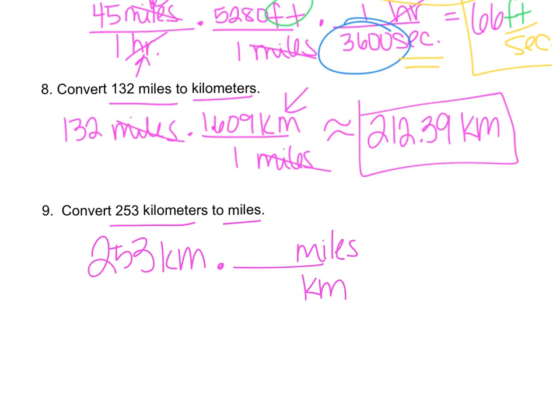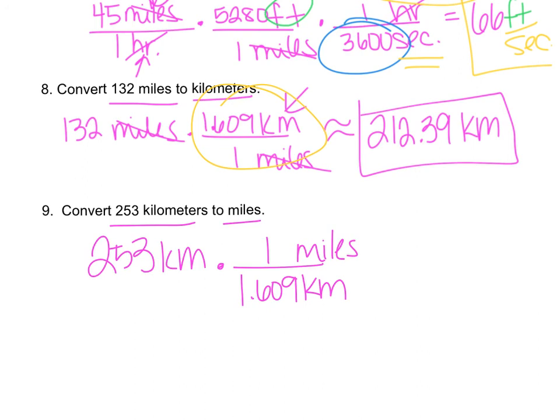There are not 1.609 miles for every 1 kilometer. So what you need to do, look back up at the top. That's how you need to set it up. So for every 1 mile, there is 1.609 kilometers.